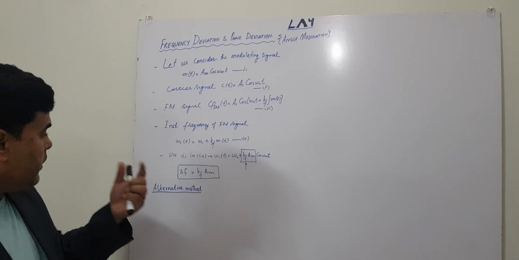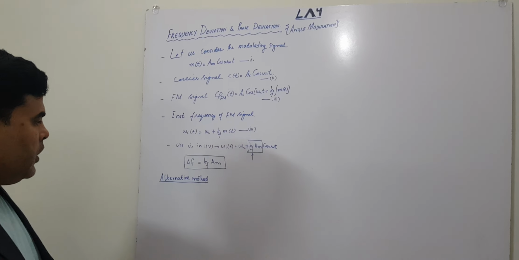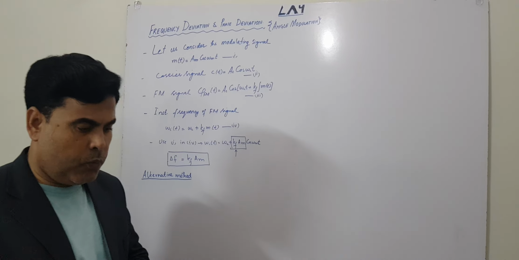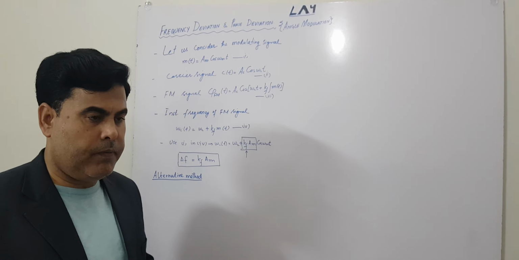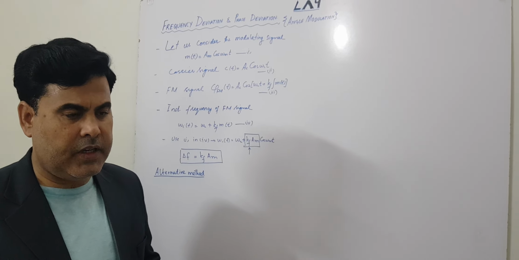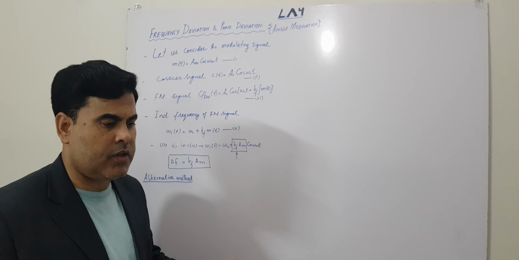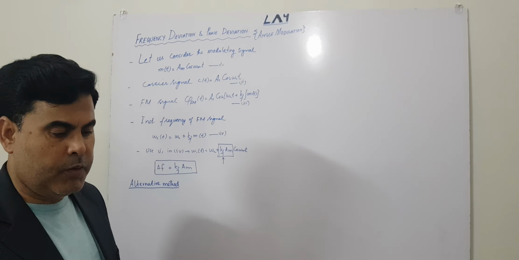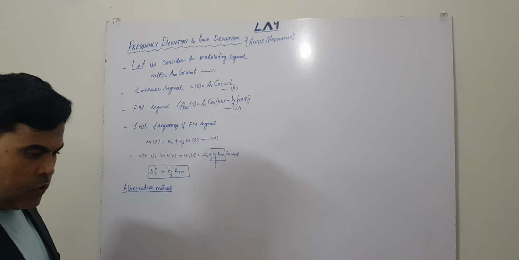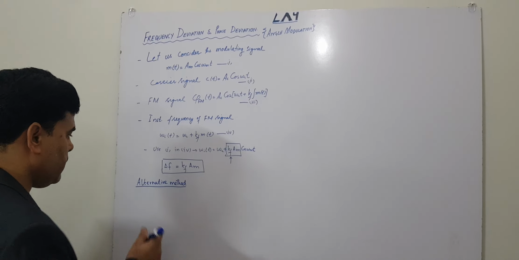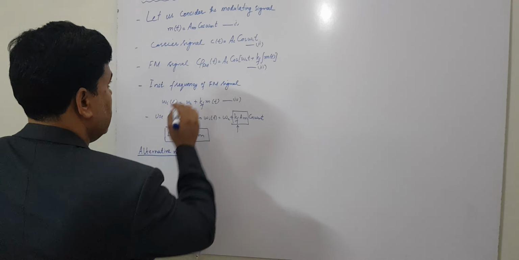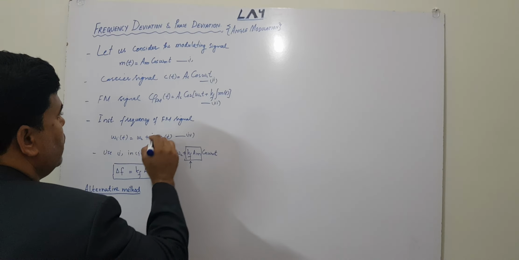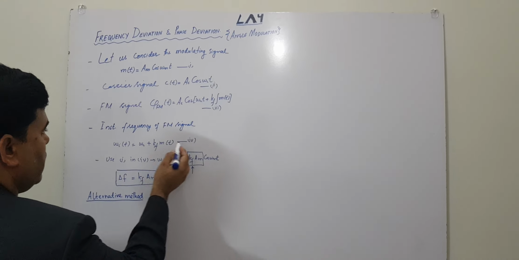We know that the frequency deviation is the frequency difference between the maximum and the minimum frequency. So we can just write the instantaneous frequency, which is written in equation 3, like equation 4.